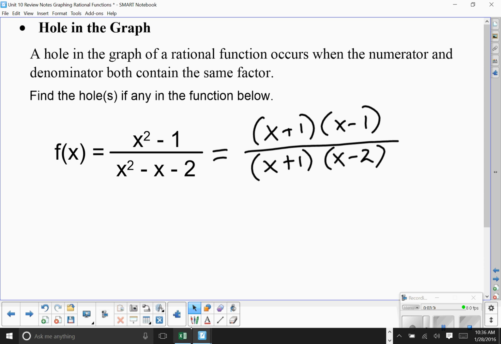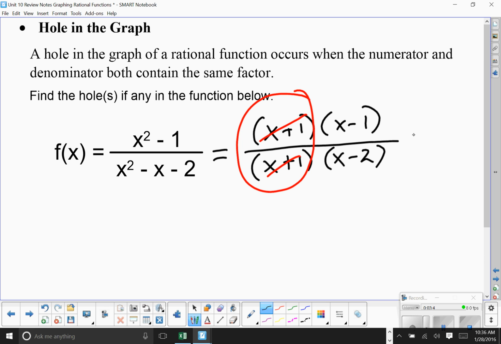I have x plus 1 in the numerator and denominator, which factor, and then they cancel, leaving me with x minus 1 over x minus 2.